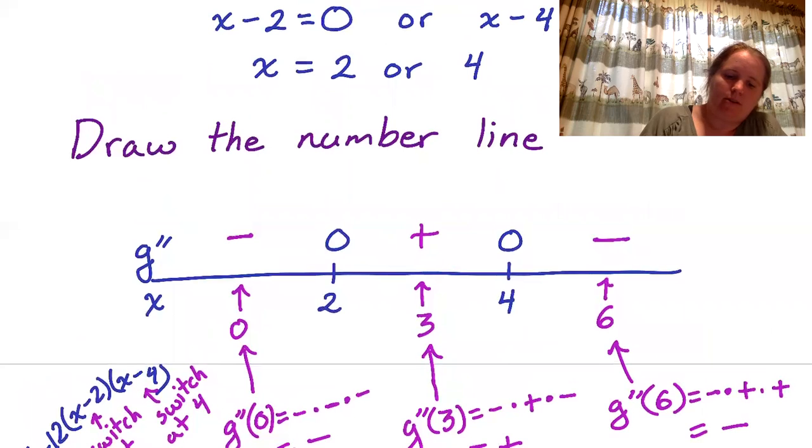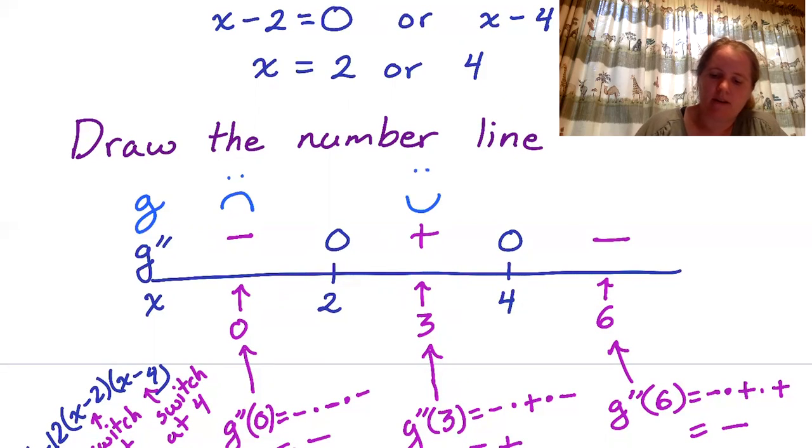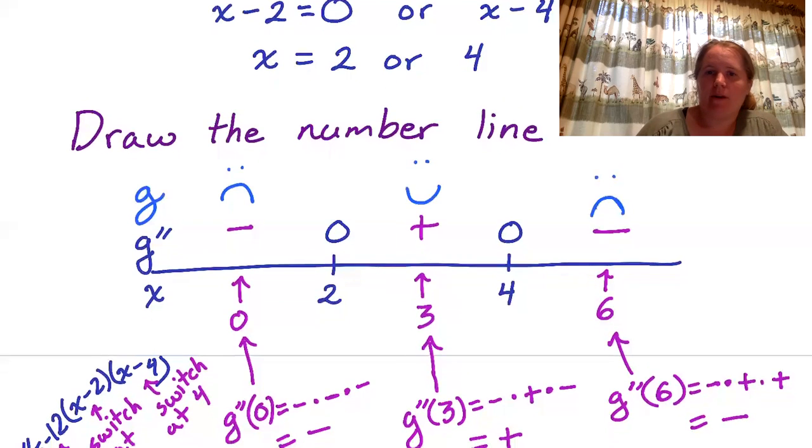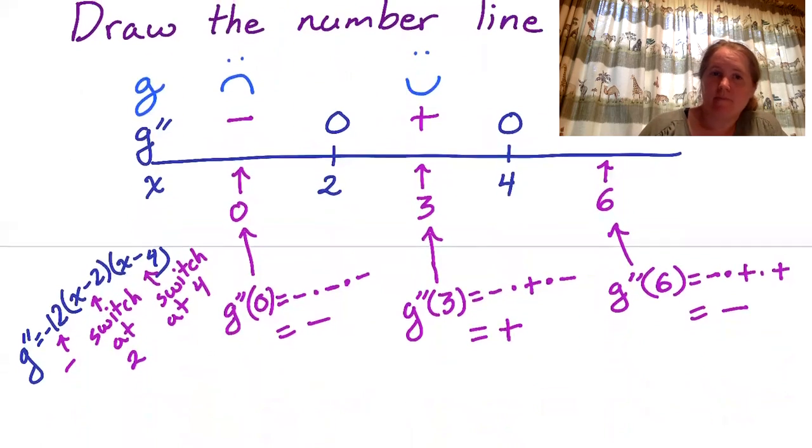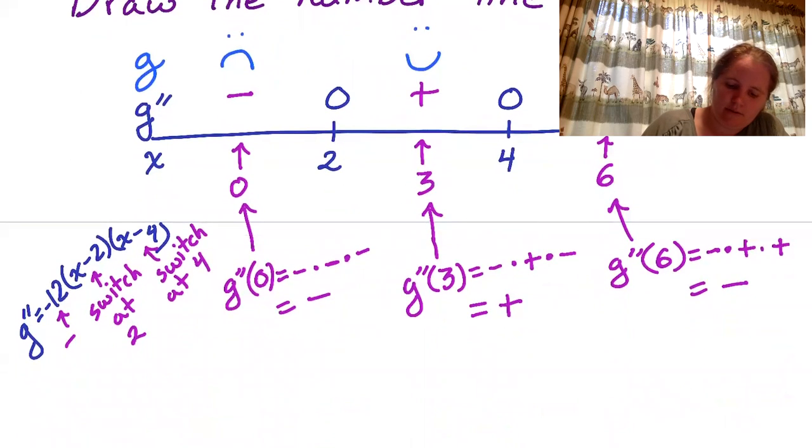Now, if we see what this means in terms of g, negative is bad, we're frowning. Positive is good, we're smiling. Negative is bad, we're frowning. So what we wind up with then is that we are concave down.